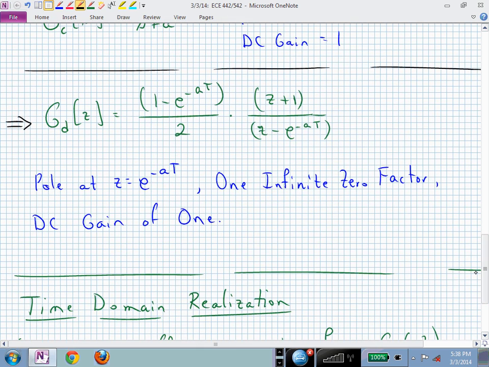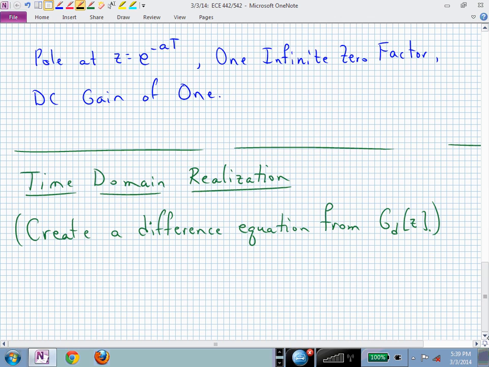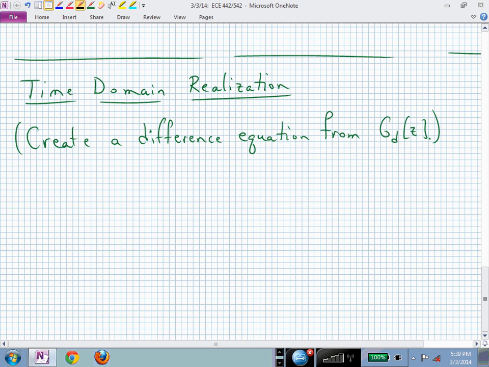Now let's put this G sub d of z into the time domain. Let's create a difference equation. So now I could code in, or you could code in, an algorithm that would spit out a low-pass filtered waveform based on whatever you had selected for your bandwidth or passband interval from that pole A. And you would have to select your capital T. But we will probably just go ahead and keep those as variables.